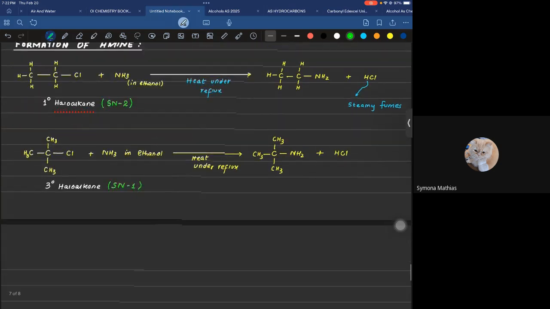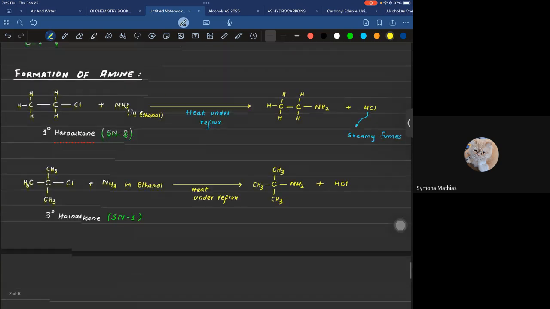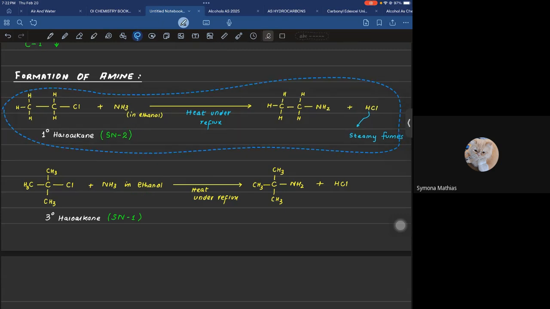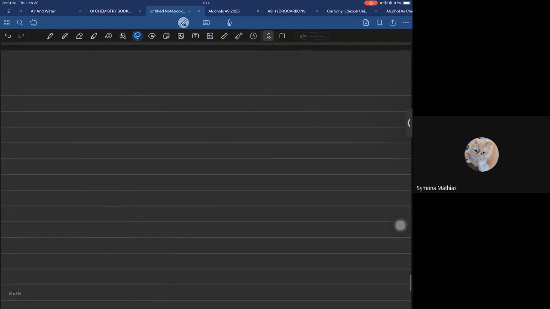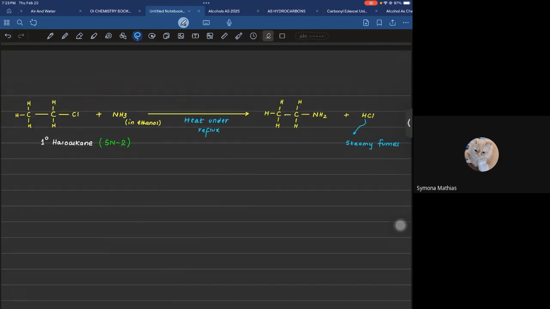Now second, what if I am using ammonia aqueous, rather than in ethanol?